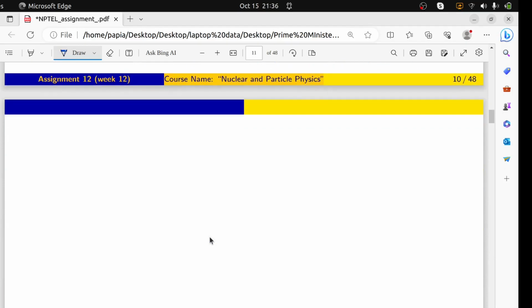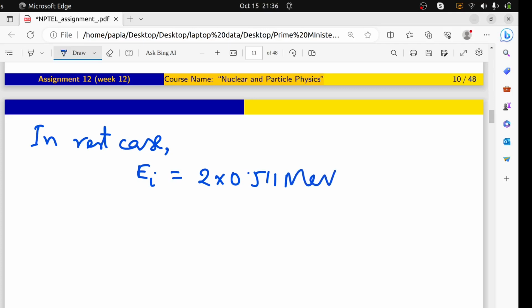So what is the conclusion here? The conclusion is in the rest case. Rest case means when there is no kinetic energy of the initial as well as the final particles. Then the initial total energy was 2 into 0.511 MeV, which is of the order of 1 MeV, and E final was 160 GeV.